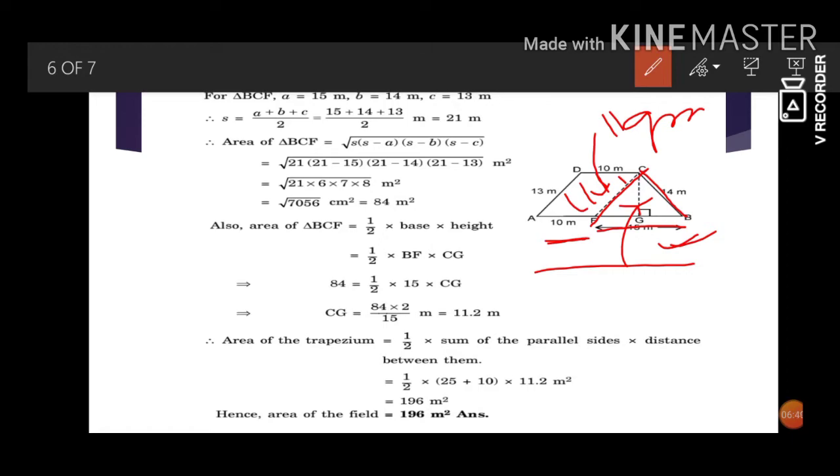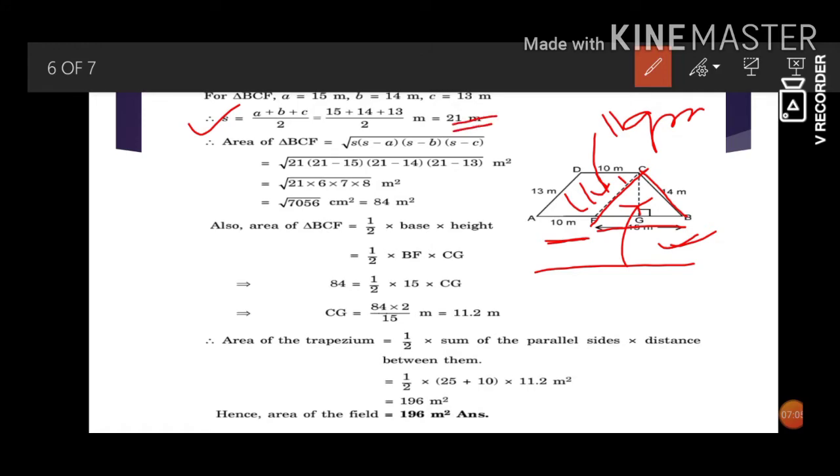Now with Heron's formula, we are going to find the area of the triangle. First, to use Heron's formula, we need to find the semiperimeter. So to find S, we will write A plus B plus C by 2, that is the sum of the sides divided by 2. So we will have 15 plus 14 plus 13 by 2, which is equal to 21.